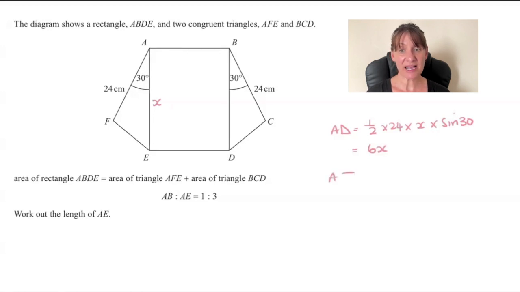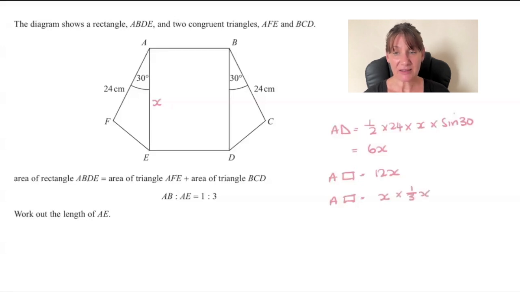Now I know the rectangle is twice the triangle. So the area of my rectangle will be 12x. I need to work out what x is. So I need to consider base times height. Now, if AE is x, my width, my shorter length, because I'm on a ratio of 1 to 3, is going to be a third of that value.